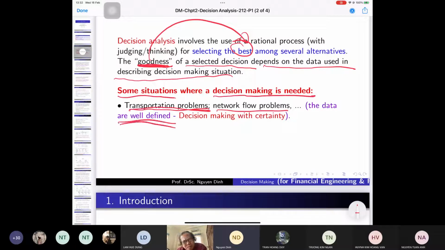You have some problems in linear programming, like you studied in optimization 1, where you decide how many products of this kind and how many of the other kind to produce, so that the benefit, the profit you get, is the best.